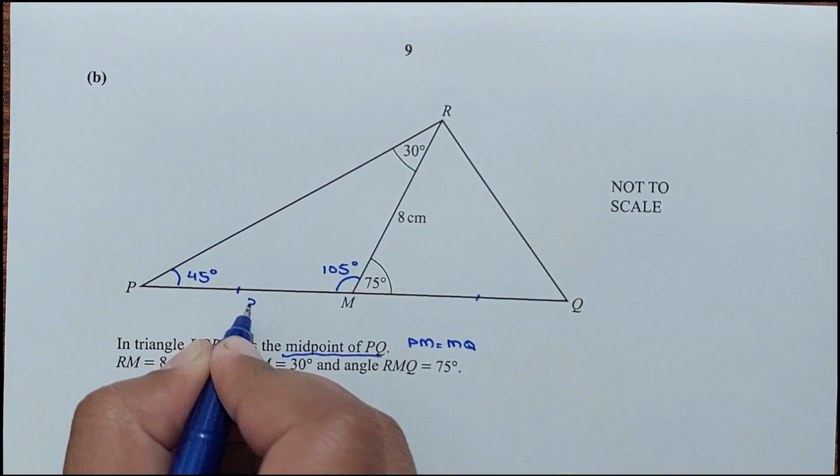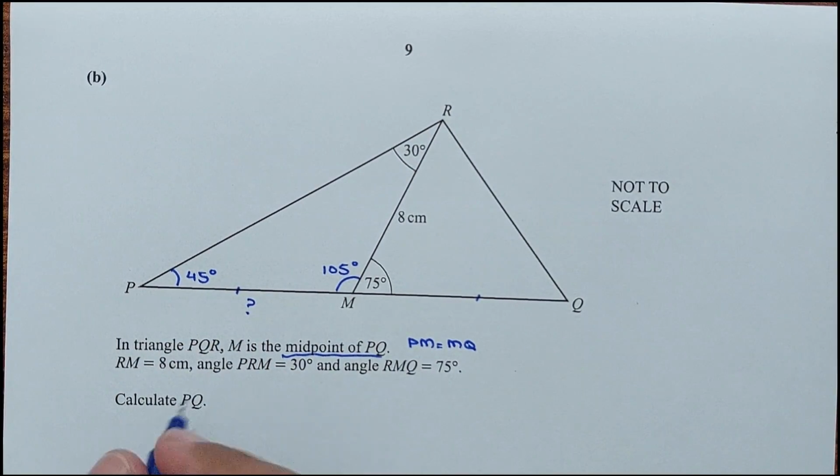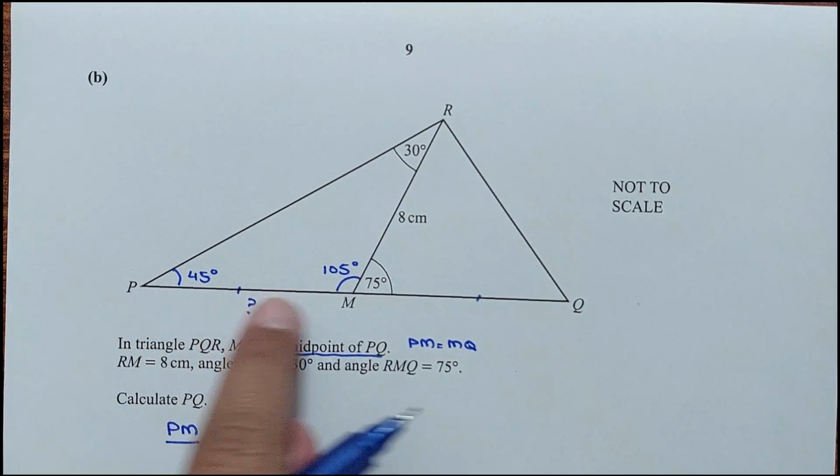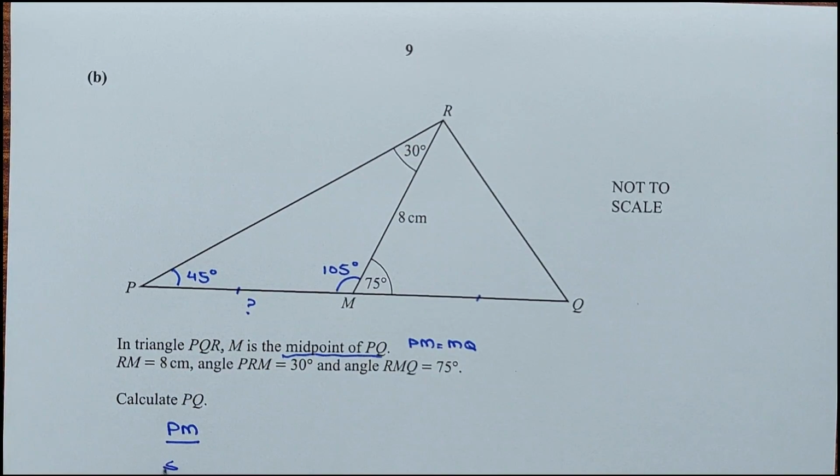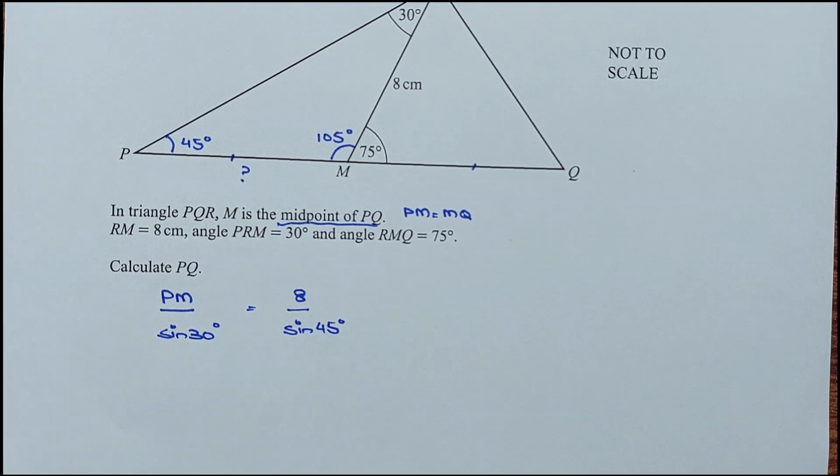Let me solve for this side, PM, right? So PM, applying the law of sines here: PM, and the front side is sine 30 degrees, right? And this is 8 centimeters and its front angle is sine 45 degrees. All right, let me solve for PM.